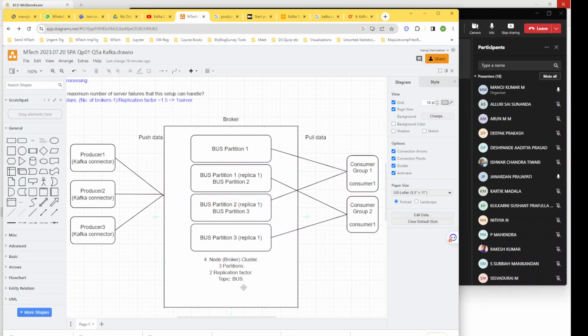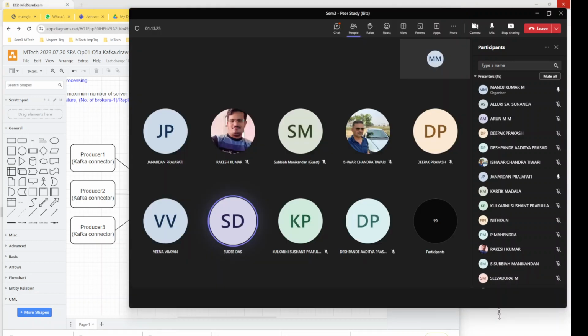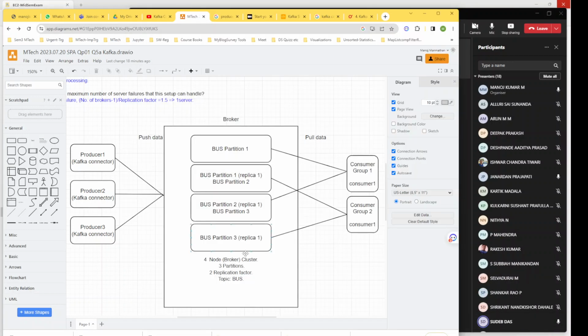Is that clear? And they mentioned 2 replications, so we cannot have more than 2. So first, the bus partition 1 replica you are keeping in node 2, the second in the third, and the third in the fourth. Yes, for example, I can put bus partition 2 here also.